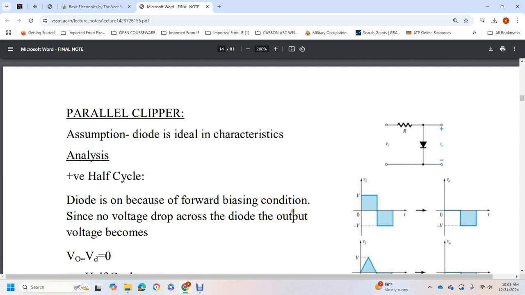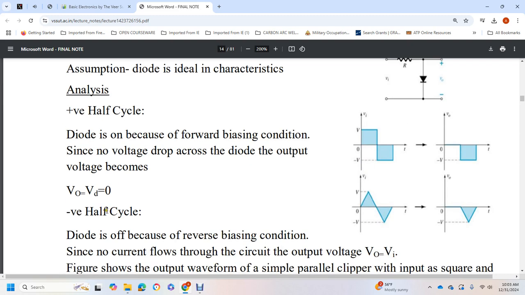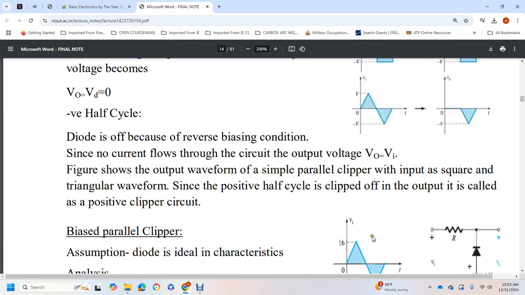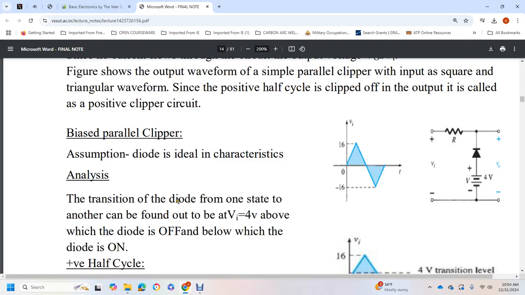Since no voltage drops across the diode, the output voltage is equal to the diode voltage, which is 0. In the positive half cycle, the diode is in reverse bias condition, with no current flowing through the circuit, so the output voltage follows the input. The figure shows the input and output voltage for a square and triangular input waveform. Since the positive half cycle is clipped off from the output, it is called a positive clipper circuit.